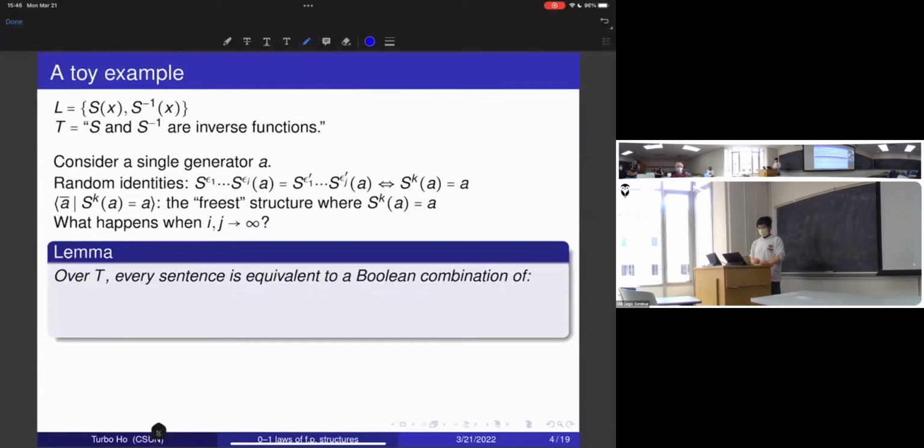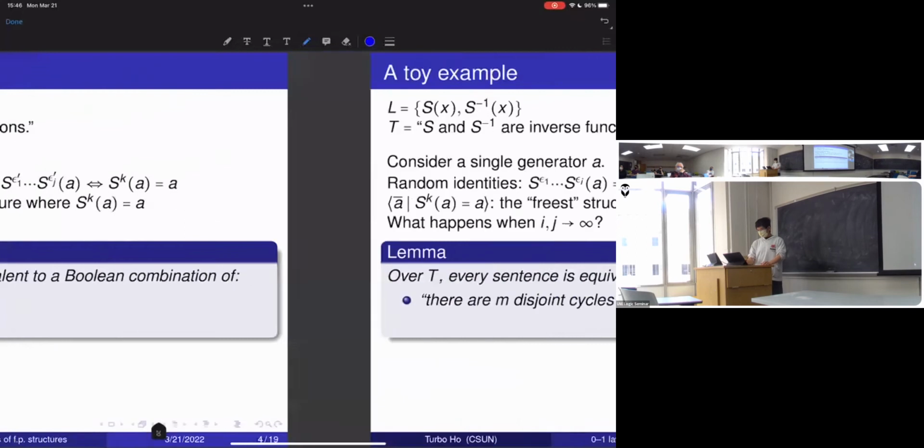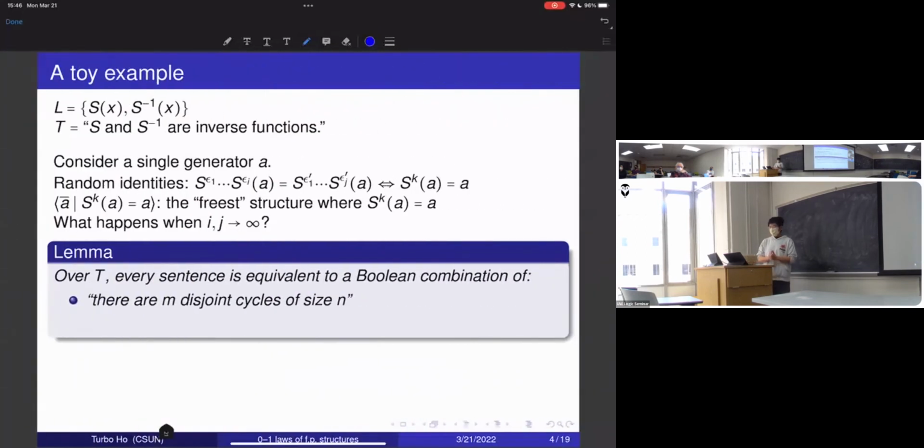There's a lemma, which, if you're a graduate student, is about a qualifying exam problem, that you can show that over this theory T, every sentence is equivalent to a Boolean combination of two particular kinds of sentences. The first kind just says that there are m disjoint cycles of size n. Here, of course, if we have a cycle, we only have one.